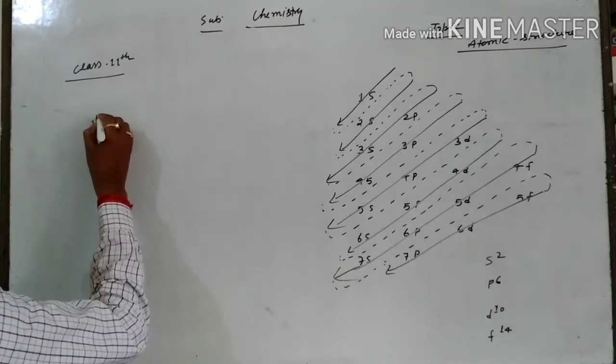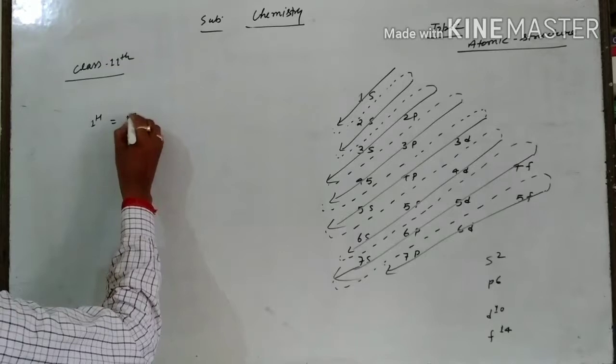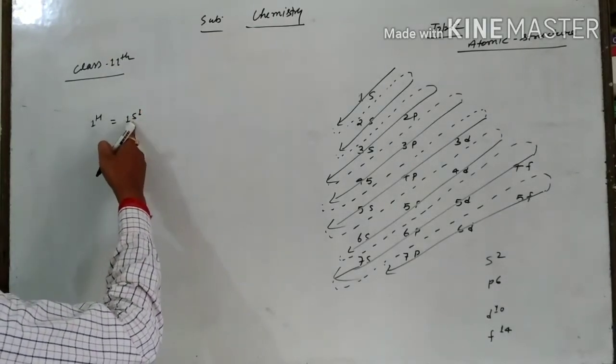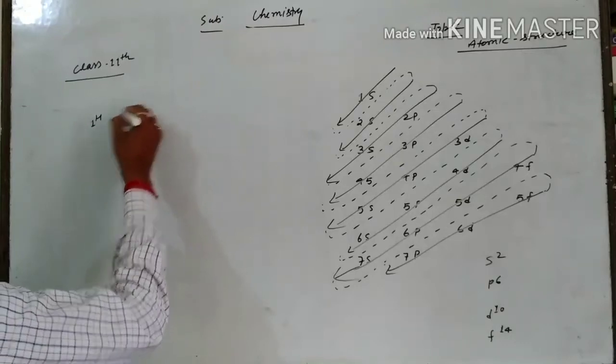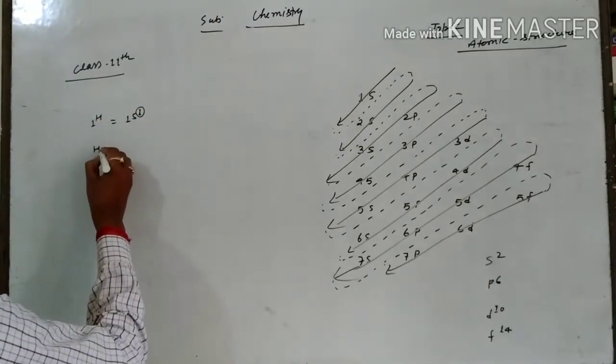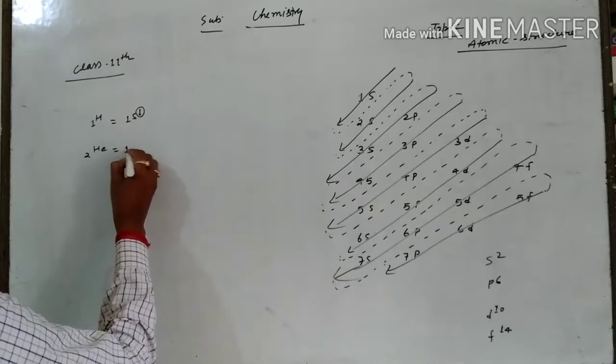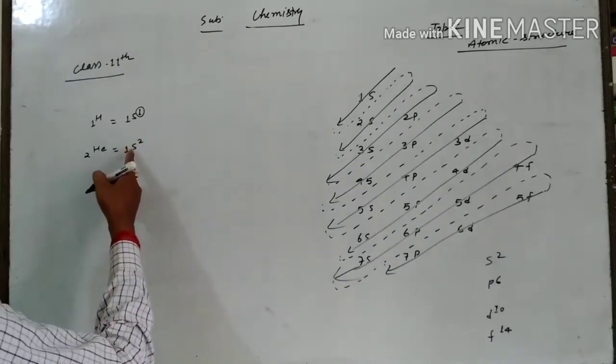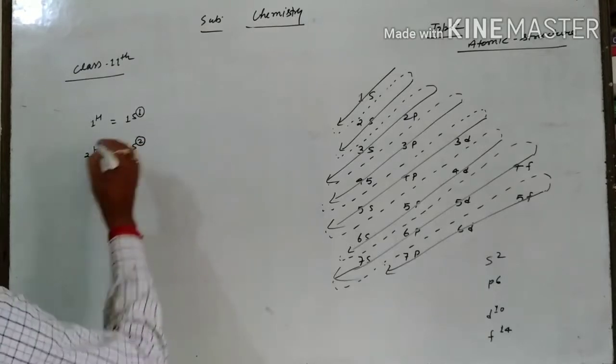Like hydrogen: 1s1, first shell, s subshell, having 1 electron. Suppose helium, 2: 1s2, first shell, s subshell, having 2 electrons.